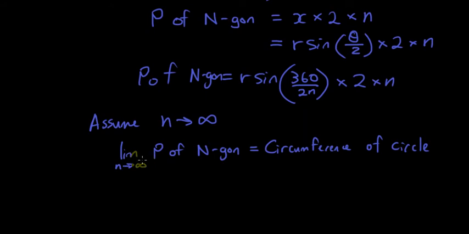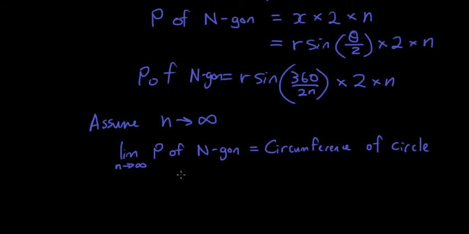If you're not familiar with the concept of limits, basically it just means that as x approaches something, what does y approach? As n approaches infinity, the perimeter of the n-gon approaches the circumference of the circle.